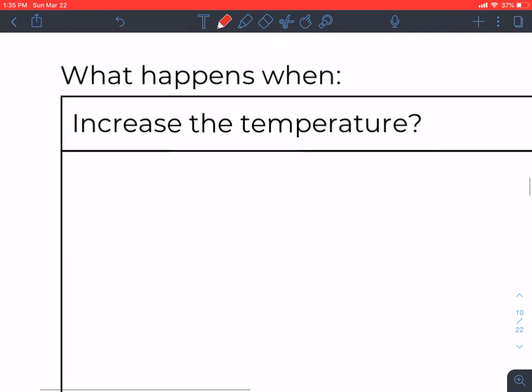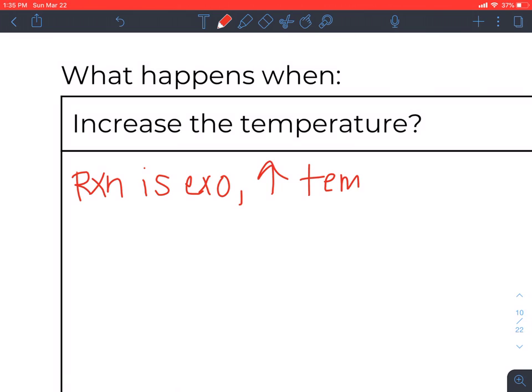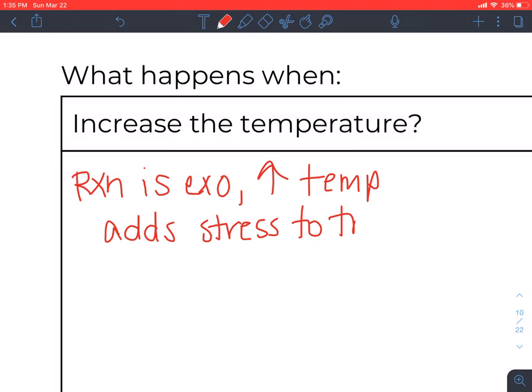Okay, so since the reaction is exothermic, an increase in temp adds stress to the product side.